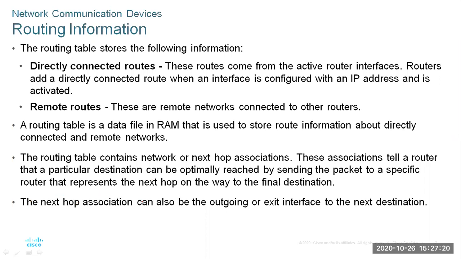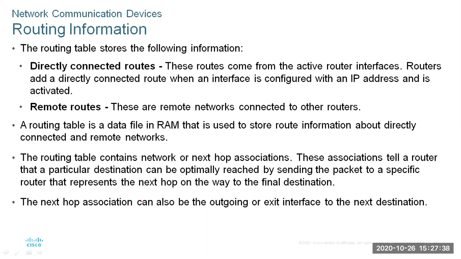So a routing table is basically a data file that is stored in the RAM and is used to store route information about directly connected and sometimes remote networks. The routing table contains network or next hop associations.